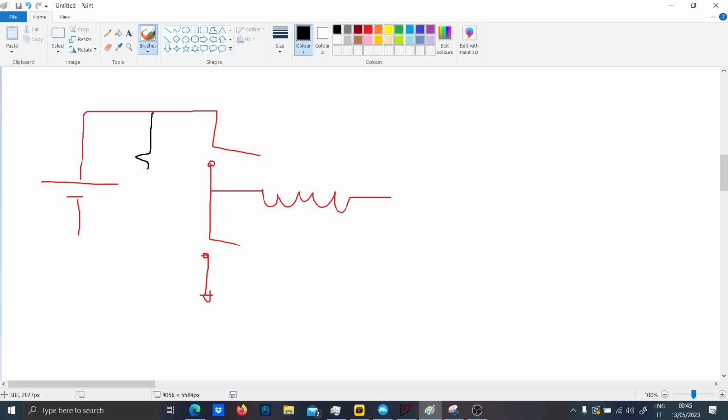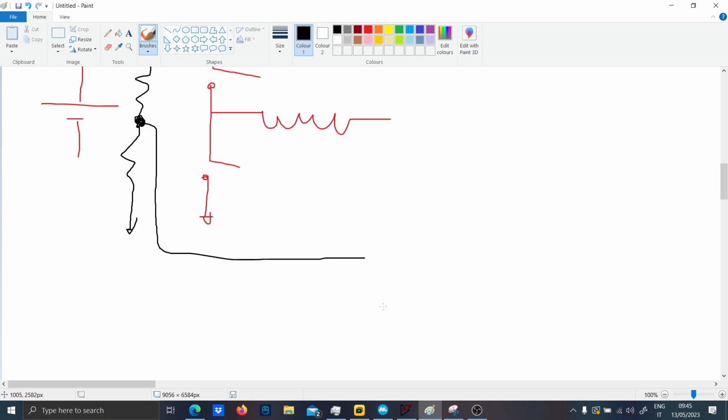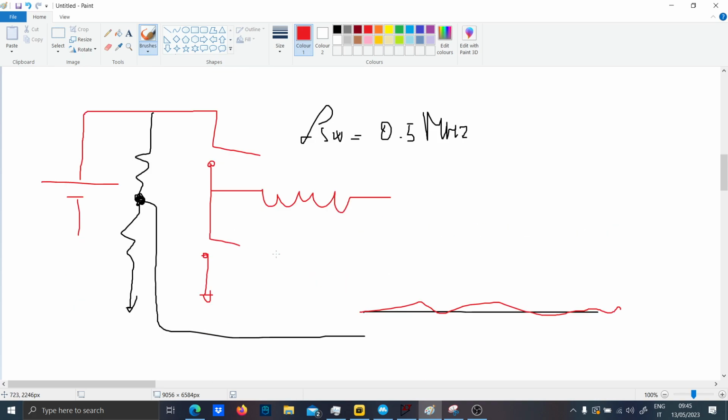Now you put a divider at the input, but since the circuit is switching at, for instance, 0.5 MHz, if you just read the input voltage like this, you will have, as a result, not a DC signal, but you will have some ripple overlapped to your DC signal, owing to the fact that your circuit is very noisy.